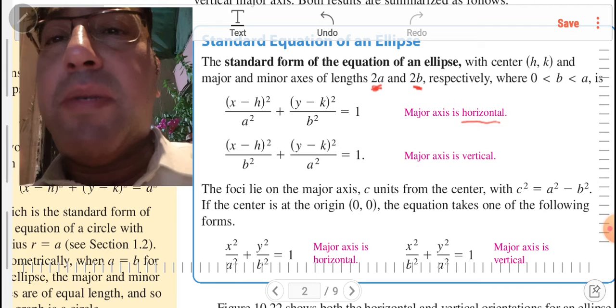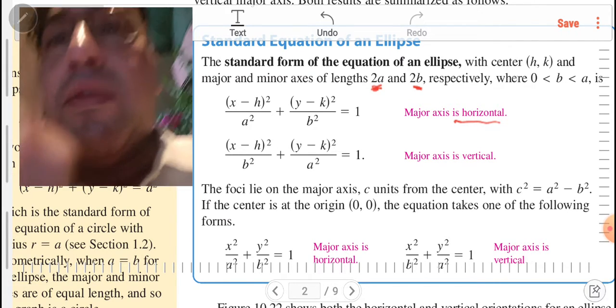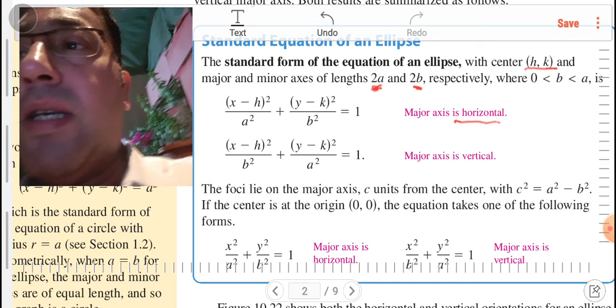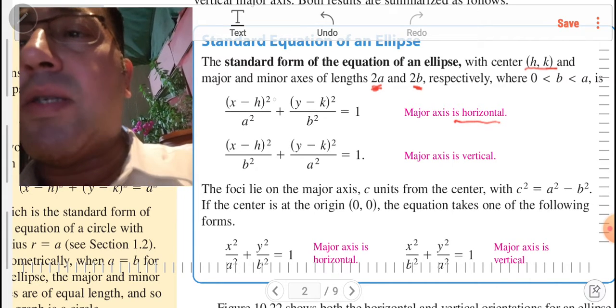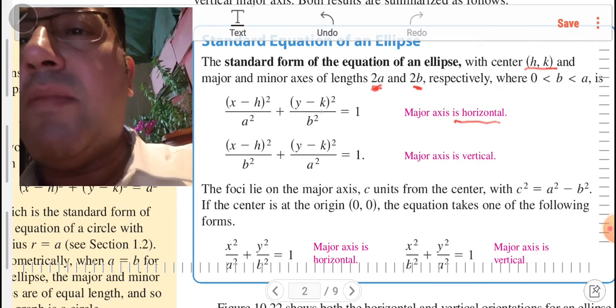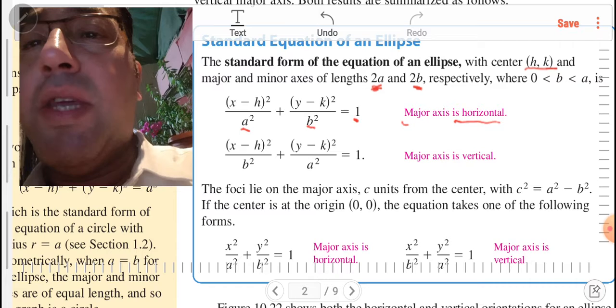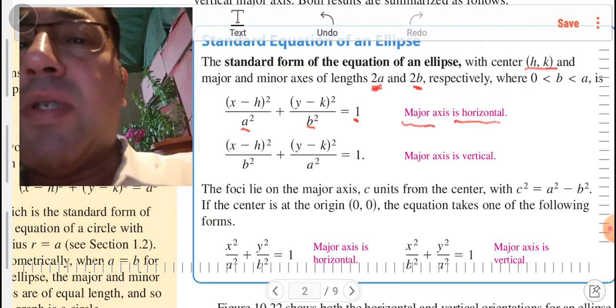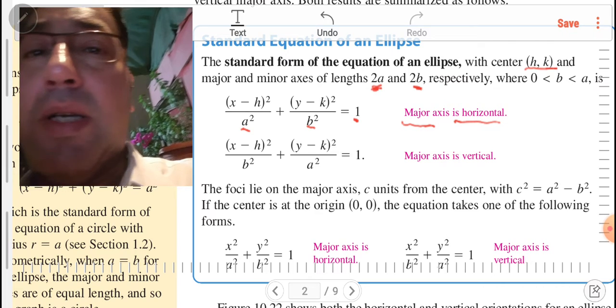If the ellipse is horizontal, our equation is, don't forget, h and k is the center coordinate. So x minus h squared over a squared plus y minus k squared over b squared equals 1 is the equation of the ellipse when it's in the horizontal position.